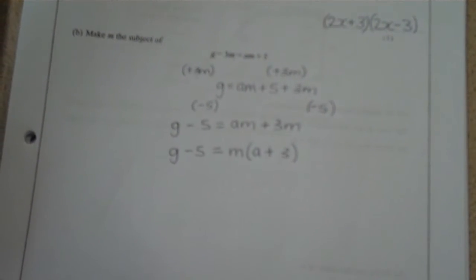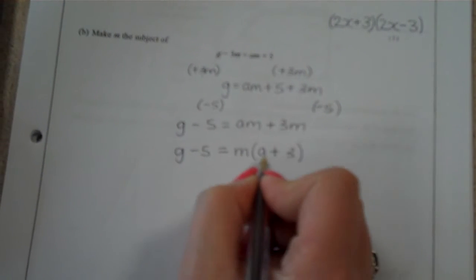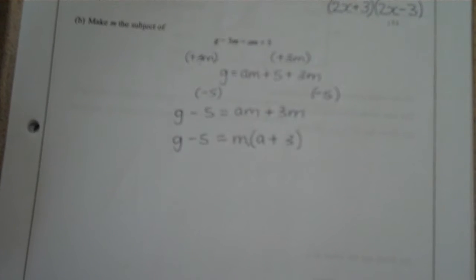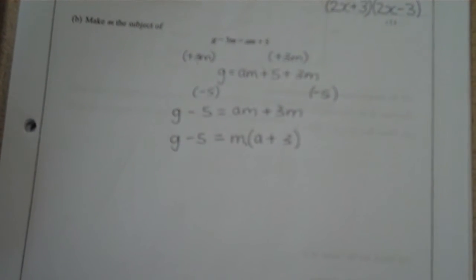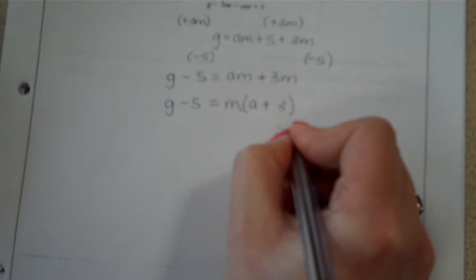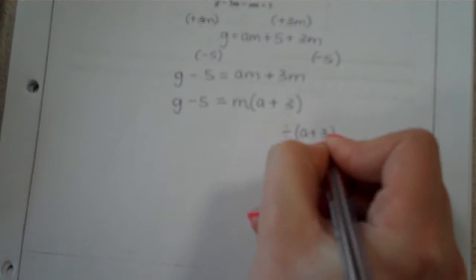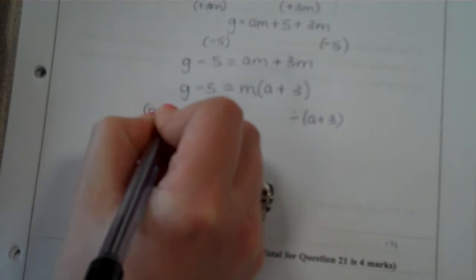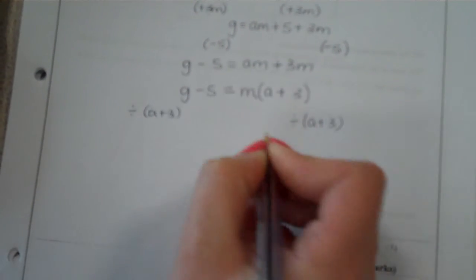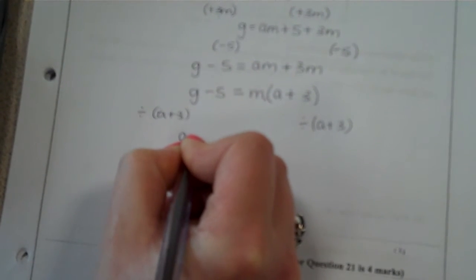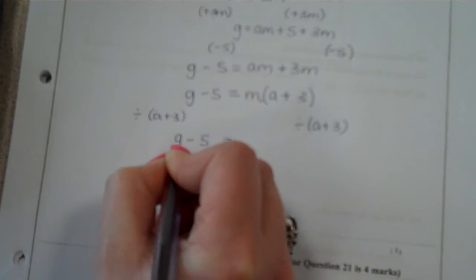What I've got in my algebra is a missing multiplication sign, so to get rid of the a plus 3 to leave the m on its own, which is what we were trying to do, I need to divide by a plus 3. And again, I do that to both sides. So it's going to appear on the left-hand side and disappear off the right-hand side.